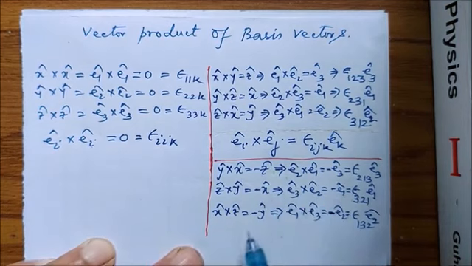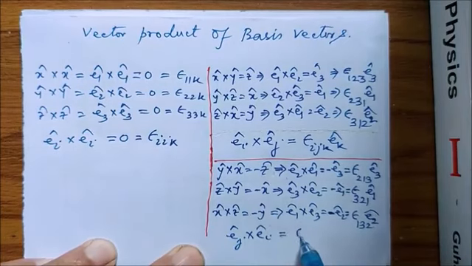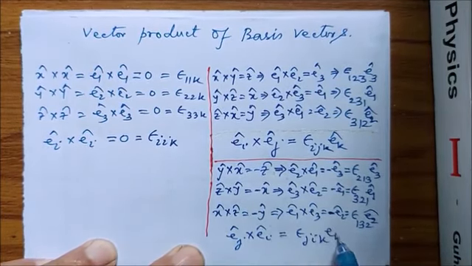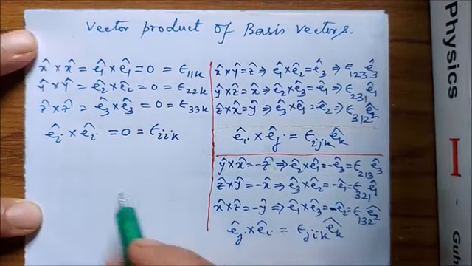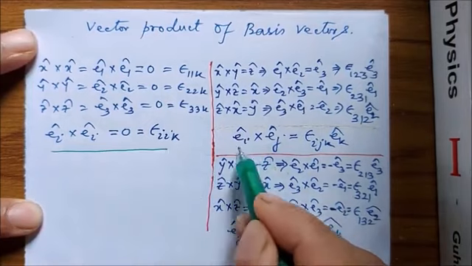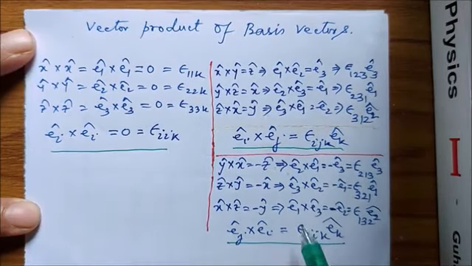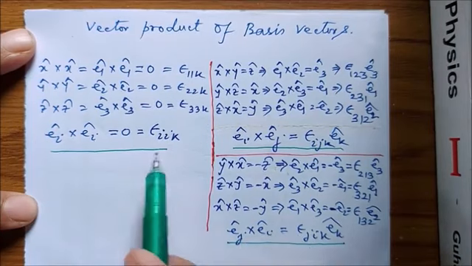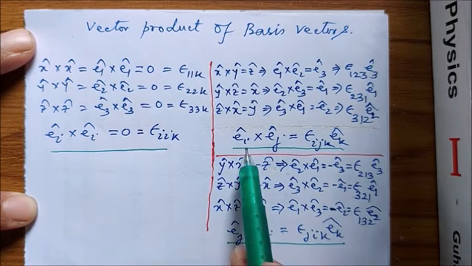These relations can be put in the general form epsilon jik ek cap. So these three relations are actually equivalent, and these 9 relations can be clubbed into a single one, which is, let us write this one.